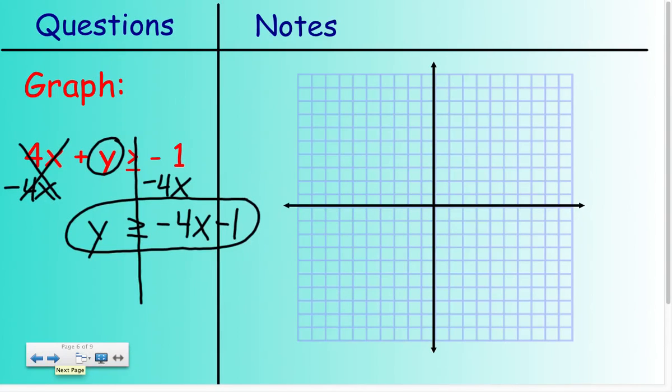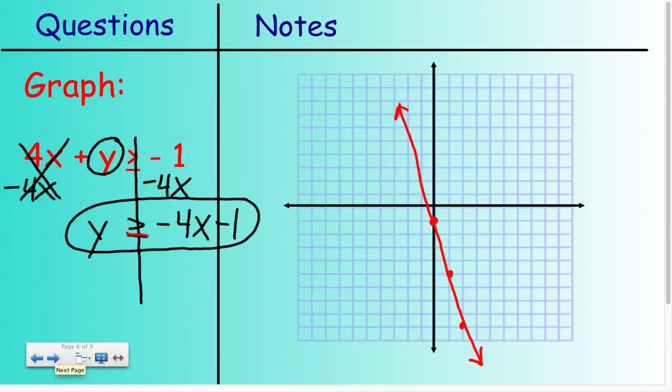So my y-intercept is negative 1. And then I'm going to rise negative 4, run 1. Rise negative 4, run 1. This one is greater than or equal to, so that means I need a solid line.